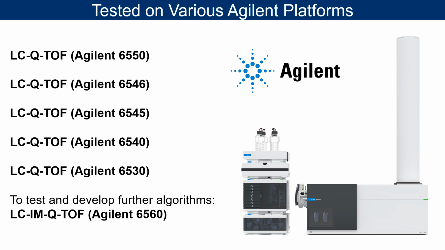Obviously, some of the latest platforms, such as the 6546, will give higher resolution, which can help, again, make sure you have more specificity and accuracy. Further developments using ion mobility, for example on the Agilent 6560, are under development, but currently not supported.